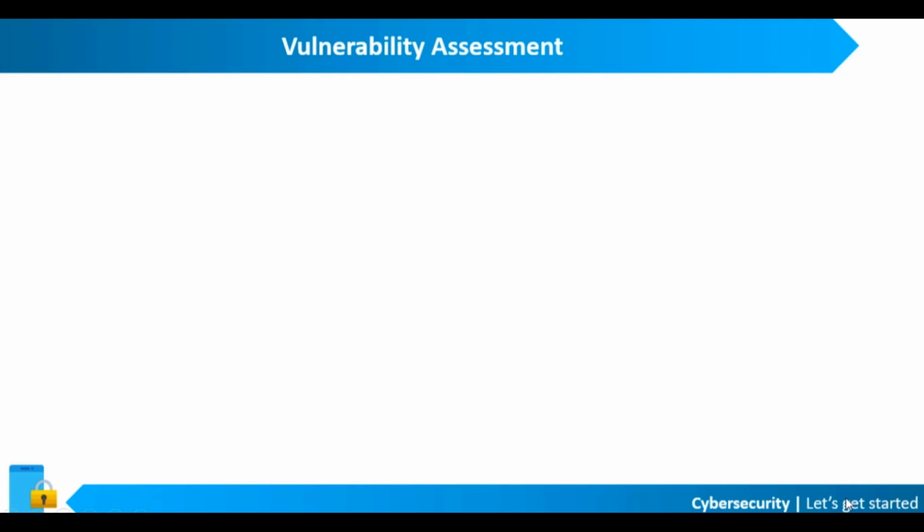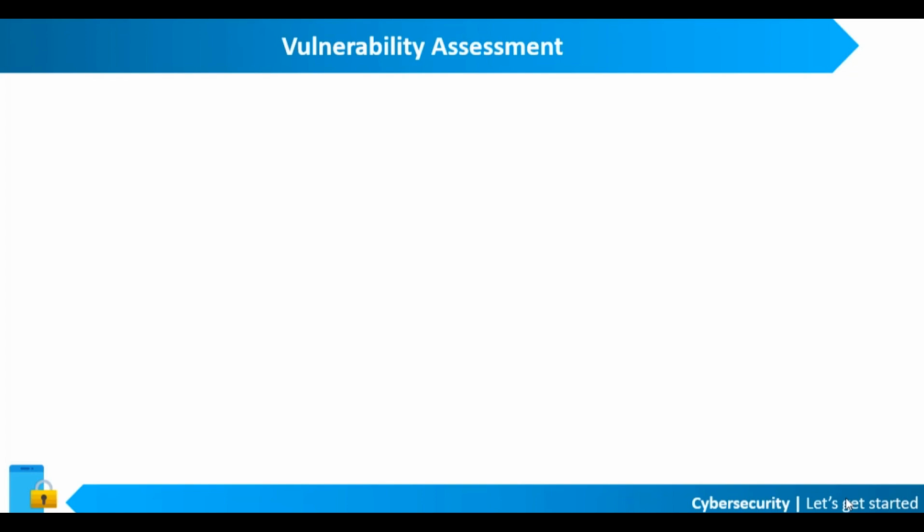Alright, in the last lecture we talked about the different vulnerability terms and different cybersecurity terms that you should be aware of. In this lecture we are going to talk about a very common term that most of you must have heard, and that is vulnerability assessment. A vulnerability assessment is a systematic review of the security weaknesses in an information system.